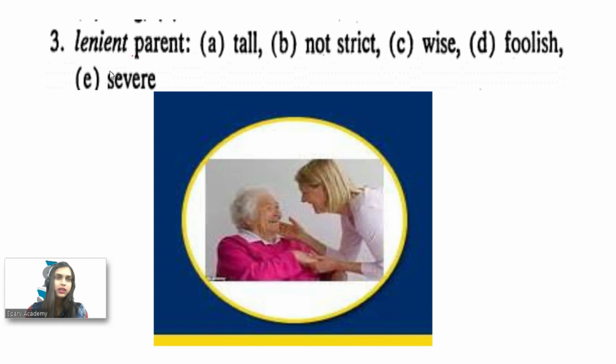So lenient parent means not strict. A parent who is not very strict is called a lenient parent. The picture shows someone very soft in nature who handles her grandmother very carefully.